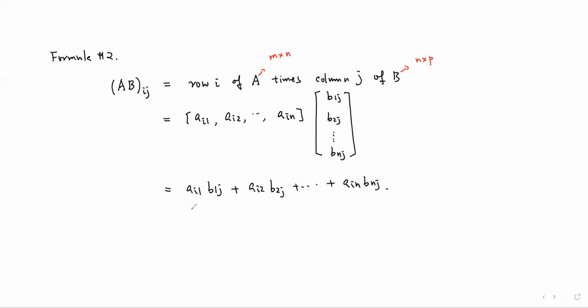Okay, let me show you several examples about how to use these formulas to compute a matrix times a matrix. Example 1. Let matrix A be 4, 2, -3, 0, 3, 5.